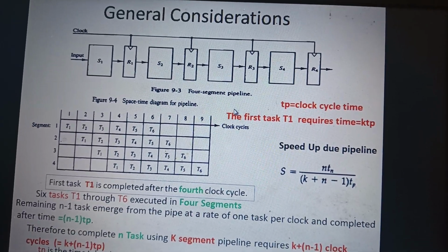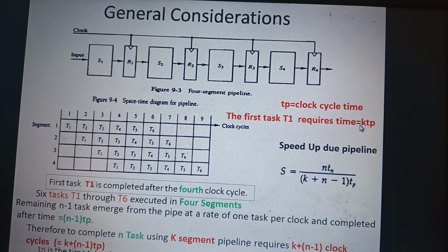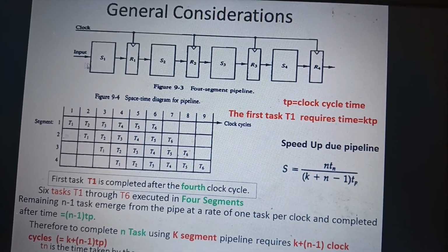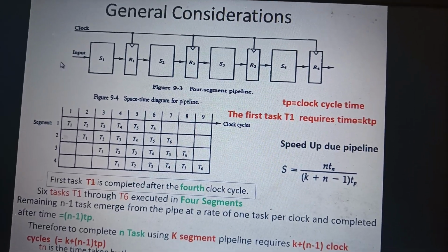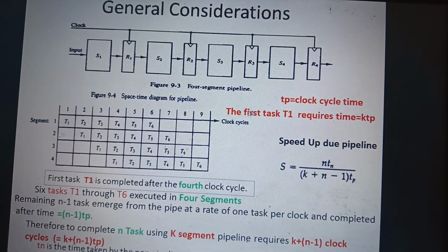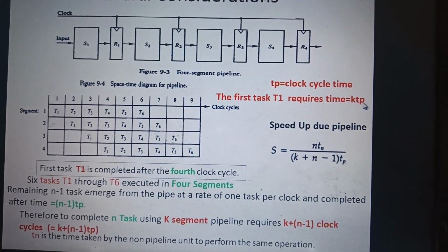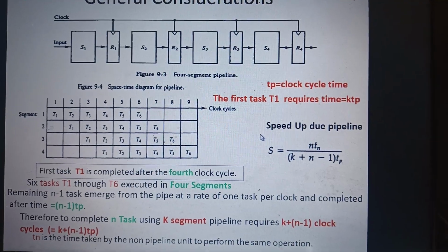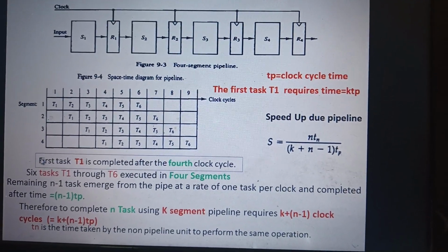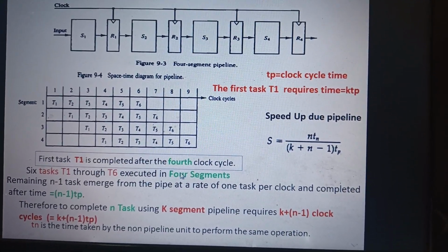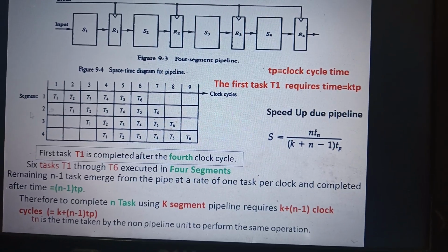So first task will be completed after 6 clock cycles. If you take 6 segments, here we are considering only 4 segments. That's the reason first task will be completed after 4 clock cycles. Okay, so 6 tasks T1 to T6 executed in 4 segments we are considering for that.